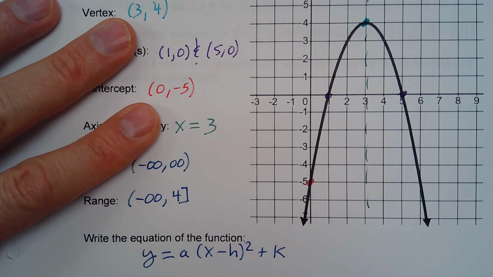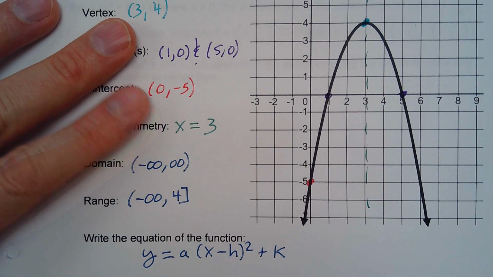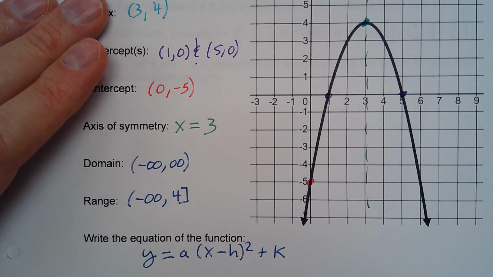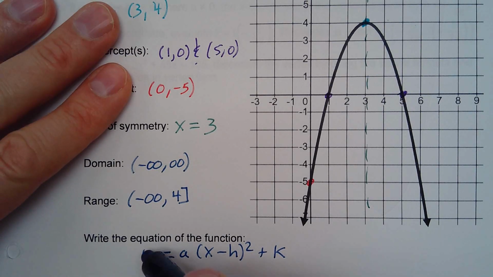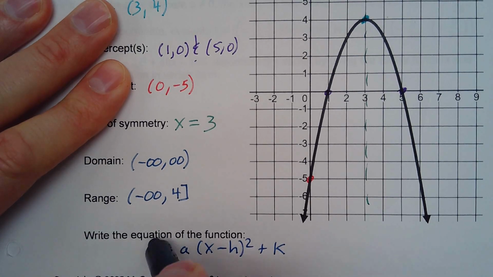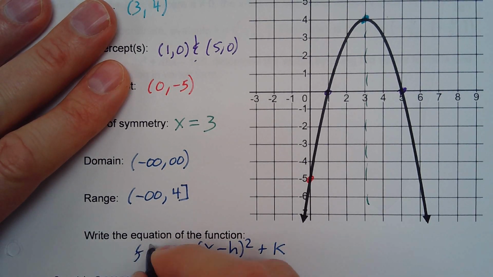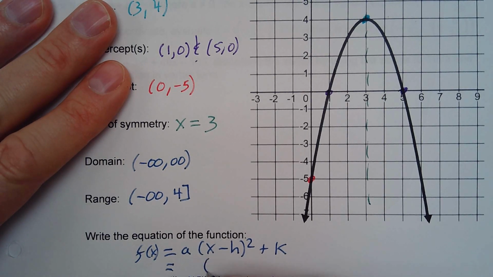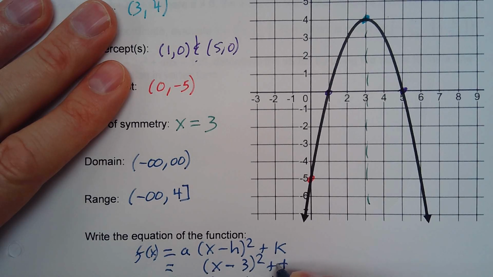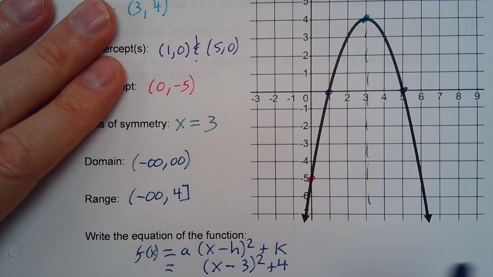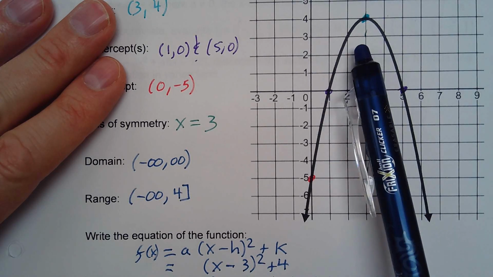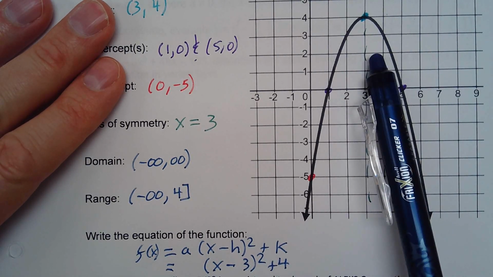I guess I should probably label this f of x. So that's (x minus 3) squared plus 4. And now, we don't have a stretch here, but we do have a reflection.